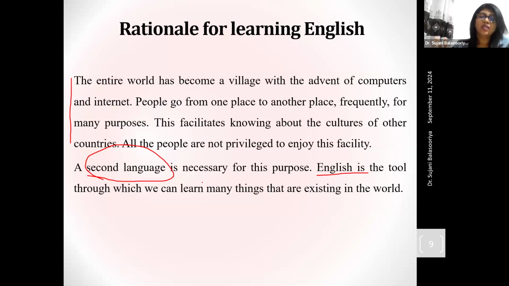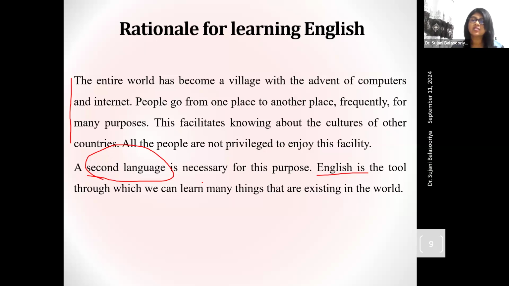And English is the second language for many nations, right? Not only Sri Lankans, even for some other countries, English is a second language. It is treated as a second language and also as a foreign language too. There are very slight differences between second and foreign languages.